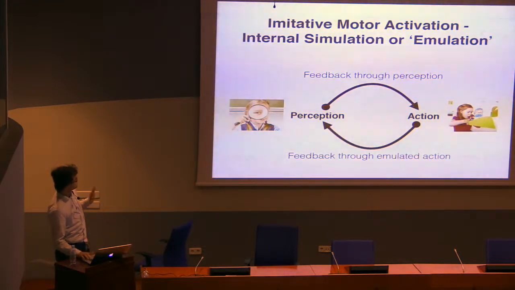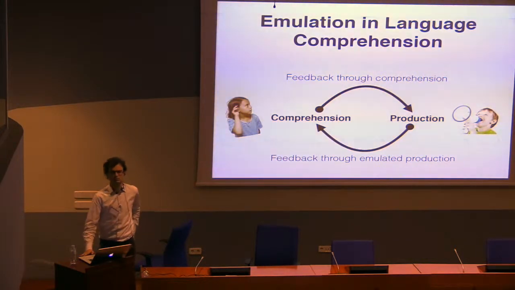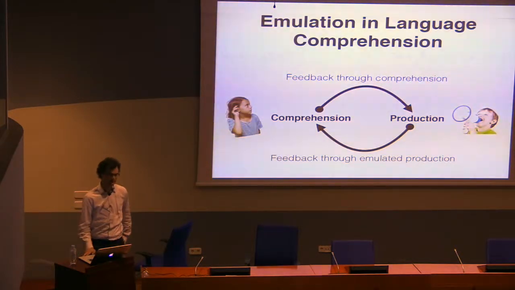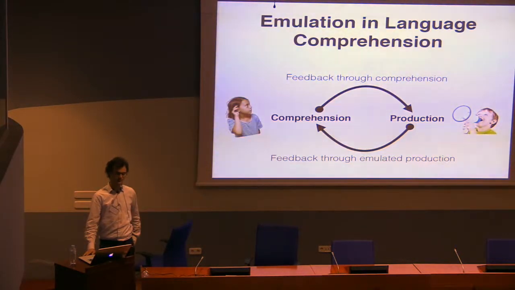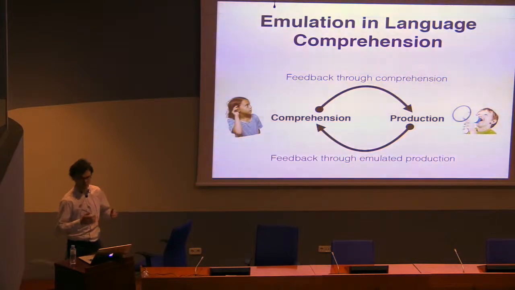Even more recently, this has been applied to language comprehension as well. There were already papers in the 60s that argue that humans, while speaking, are using their comprehension system for monitoring what they say. This reveals unclarities or errors of language.